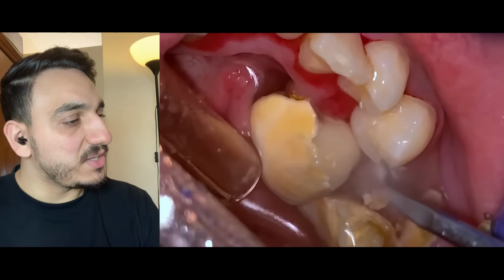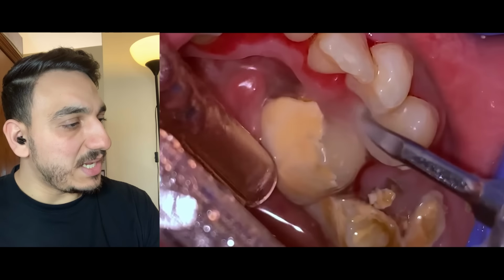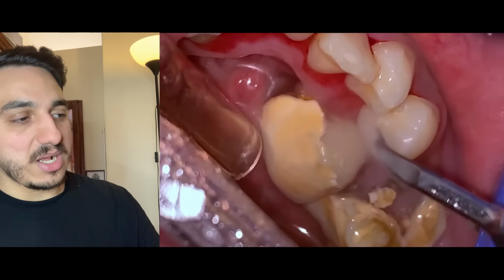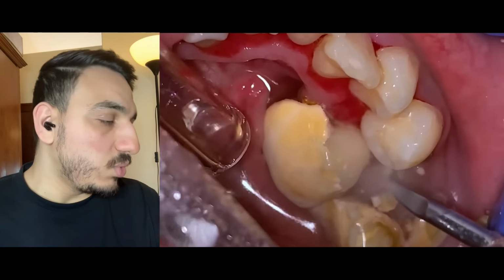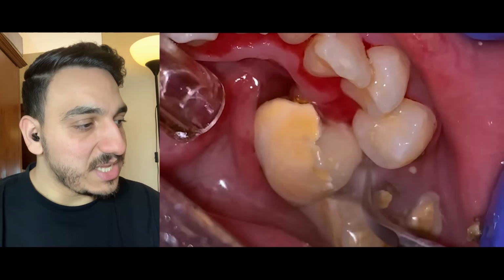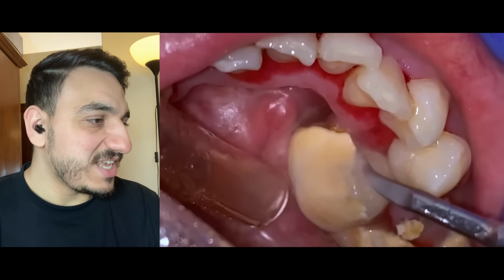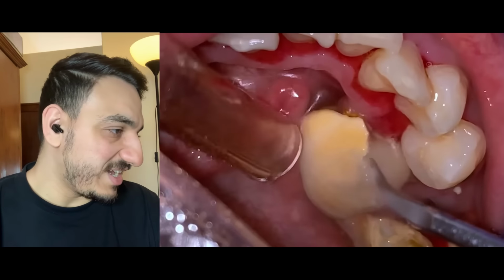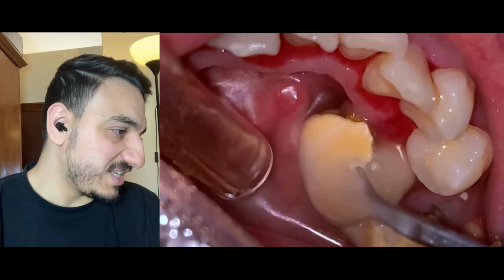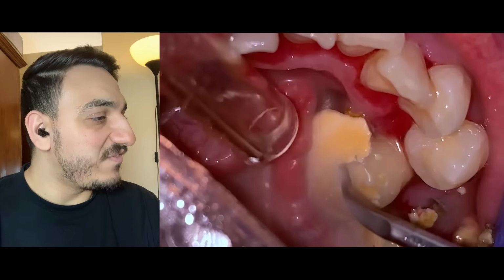Okay, so the operator proceeds to gradually clean off and remove those pieces of the dental calculus. Let's see what's going to happen further.